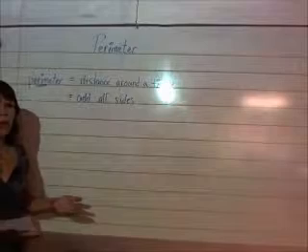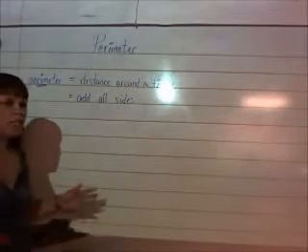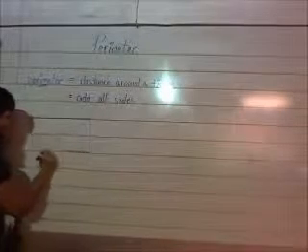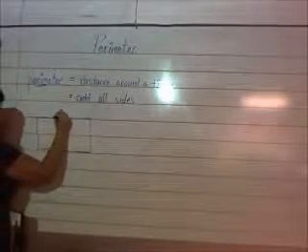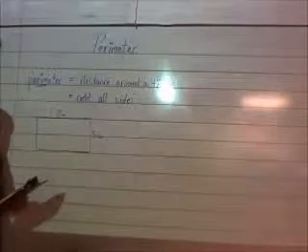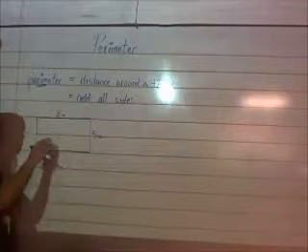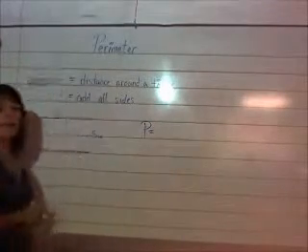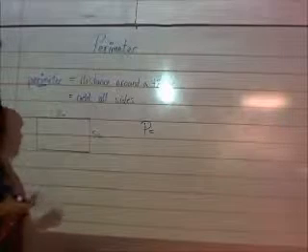So let's just go ahead and do a couple of examples just to see if you remember. We're going to make a rectangle. And my rectangle is going to be 8 inches by 5 inches. If I wanted to know the perimeter of that figure, what would I do?